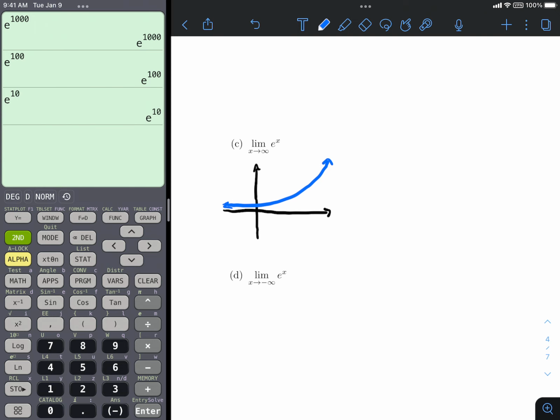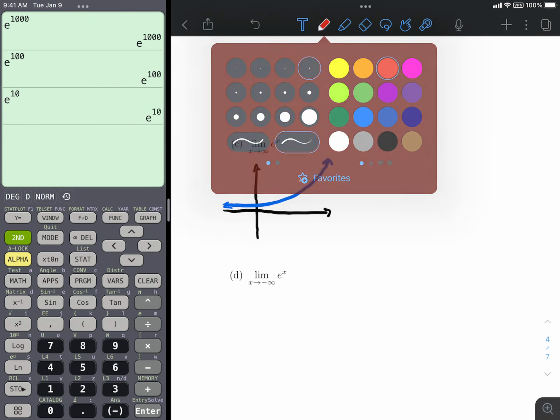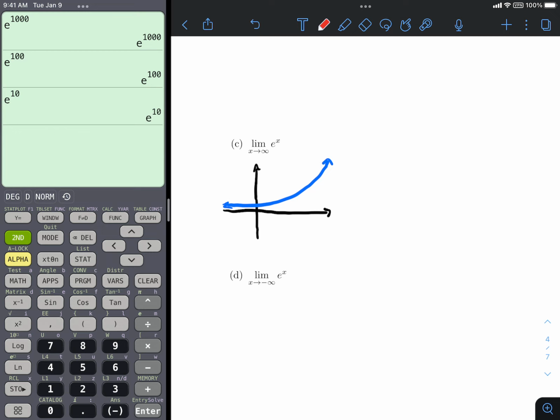Since my calculator isn't helping me, I'll tell you what I expect. I know e is roughly 2.7. So e squared is going to be about 2.7 squared. E cubed is going to be about 2.7 cubed. This thing is bigger than 2, right? So this is a lot bigger than 8, for example, bigger than 2 cubed.